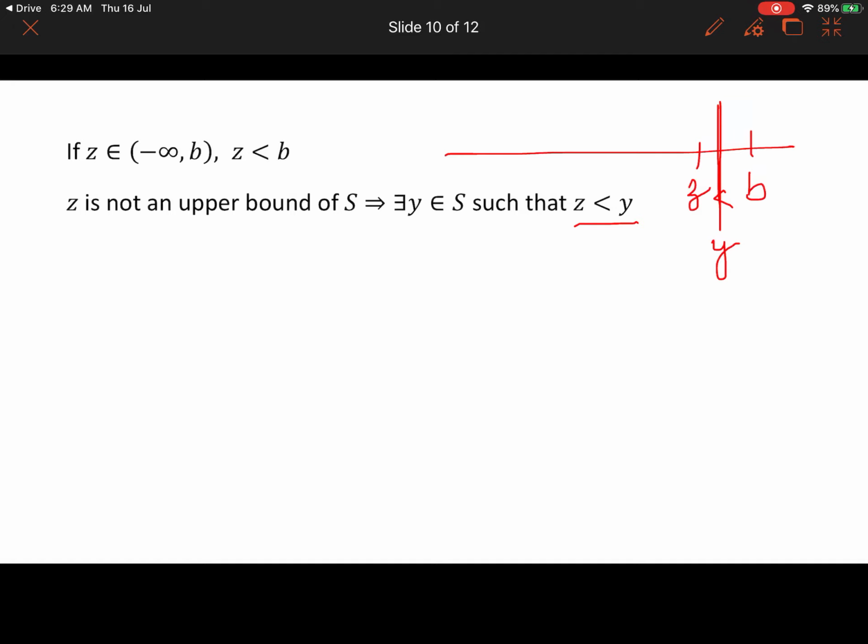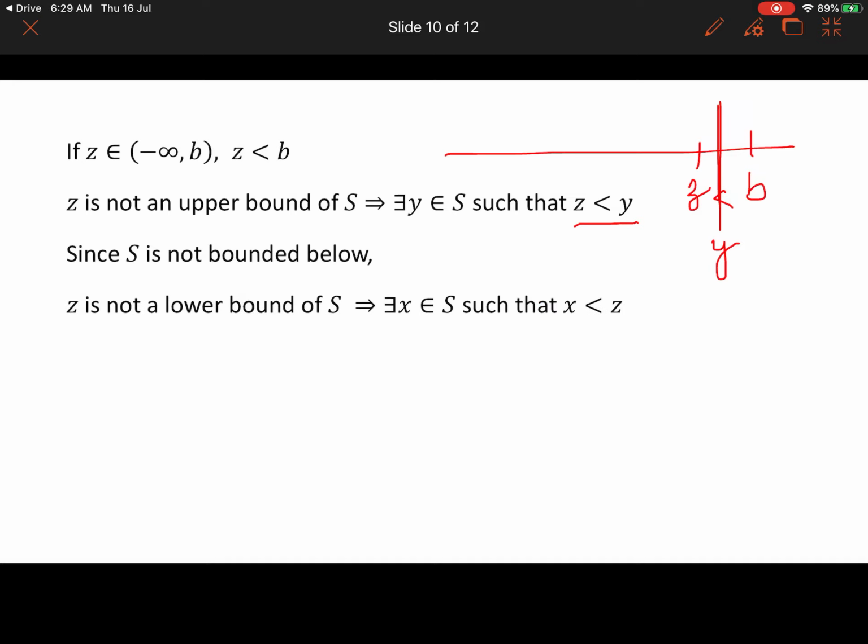Now we have assumed that in case 2, S has no lower bound. So z is not a lower bound of S. If z is not a lower bound of S, S contains some element, say x, which is less than z.